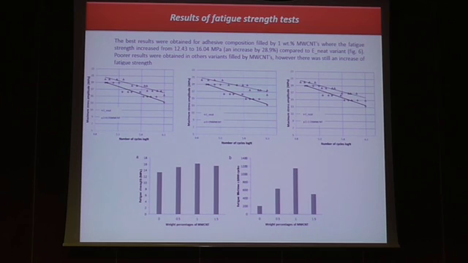For the best results, for the adhesive composition filled by 1% by weight, we obtain an increase of fatigue strength by about 29% compared to the basic variant. We also confirmed that it is possible to significantly improve the fatigue lifetime. For example, for this level of dynamic load, lifetime increases more than 4-fold.